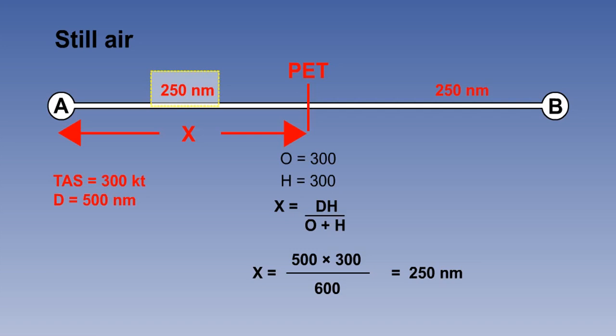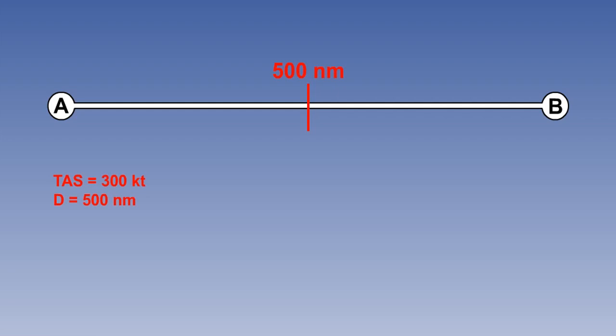Now let's see what the effect of 60 knots headwind will be. Again, the total distance is 500 nautical miles, and the true airspeed is 300 knots. However, this time we have 60 knots headwind.